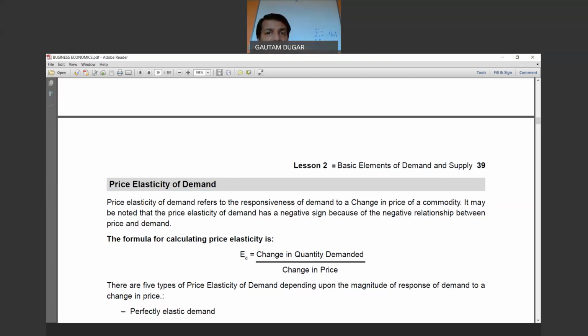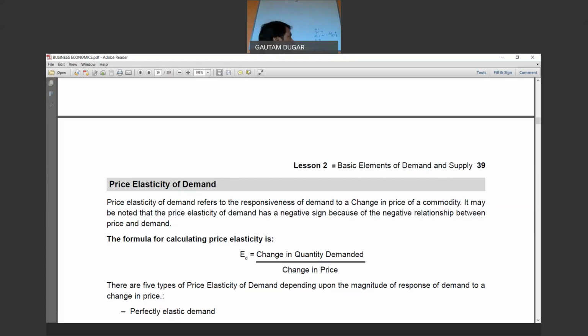That means demand is showing a lesser response to change in price. That is inelastic demand. It is normally found in the case of necessary goods. Goods which are of necessity to life will normally have inelastic demand.